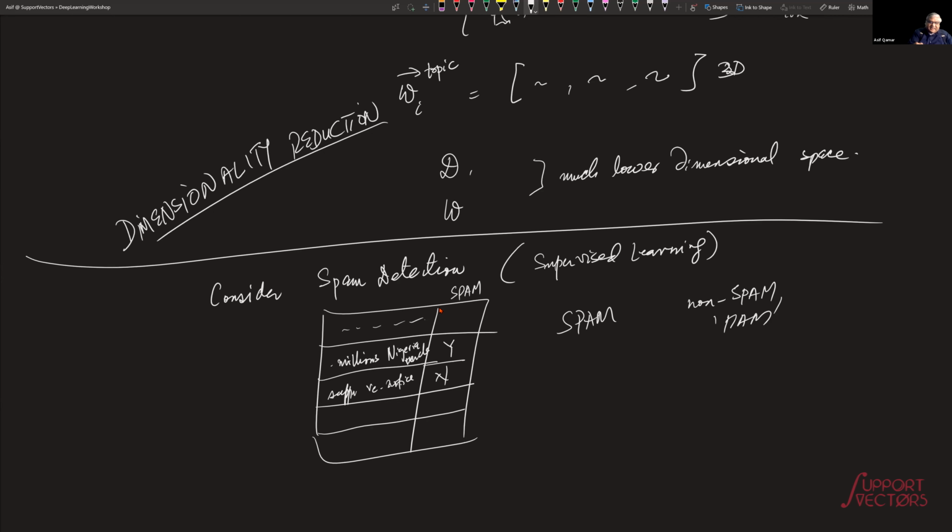It's easy. We have training data. Because I'm using D for document, let me just use the word training data above. Suppose we have that. What we can do is shatter it into two parts. Only spam data, all the rows where the label is yes, yes, yes, yes, right?